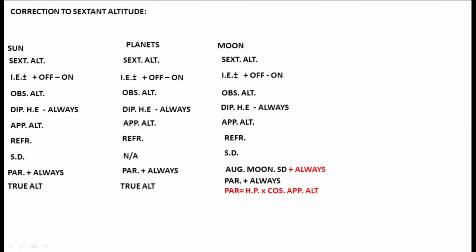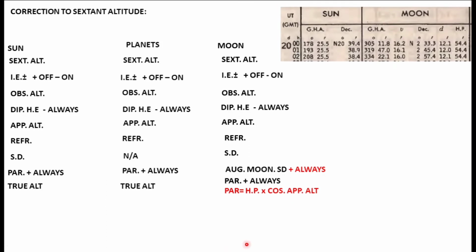Then comes the parallax after semi-diameter. Now for the moon, parallax is HP into cos of apparent altitude. You get the HP from the almanac. You go to the date concerned, and whatever the time is, here you get your HP.